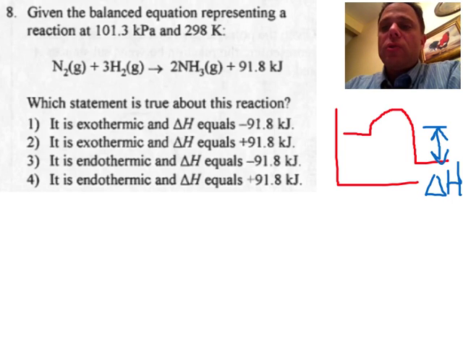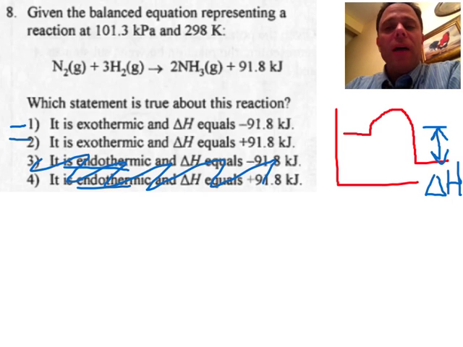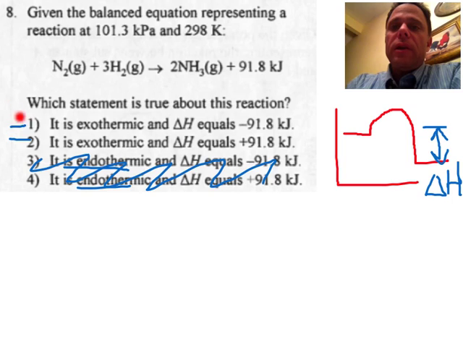So inspecting these choices, it is exothermic for 1, exothermic for 2. We don't like that this says endothermic. Now is delta H positive or negative? Well, didn't it go down? So even though this says positive 91.8, delta H is truly a negative. So the answer is choice 1.